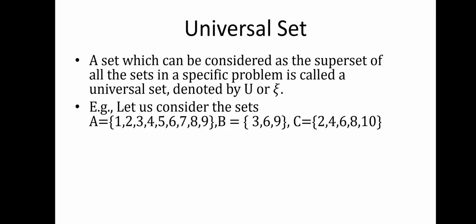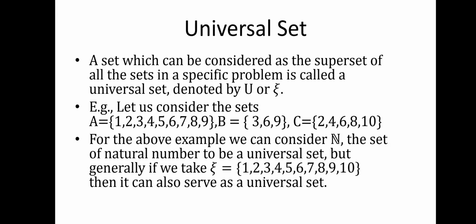Obviously, if I take the set of natural numbers, then it is definitely a universal set for all these three sets, no doubt. But whenever we talk about universal set, we talk about the minimal set. Minimal set means the smallest set which I can consider that will be the superset of all the three sets.